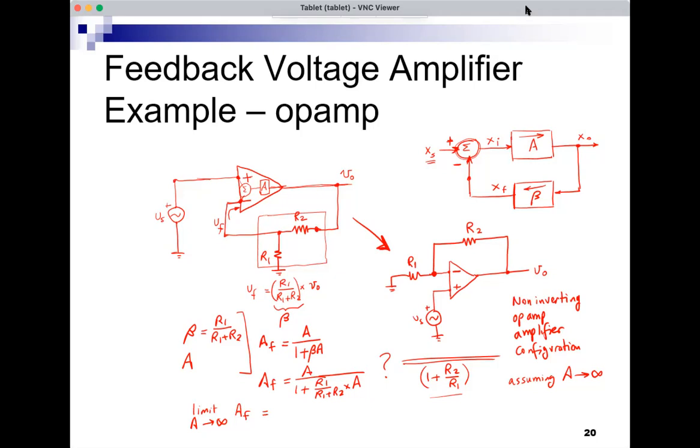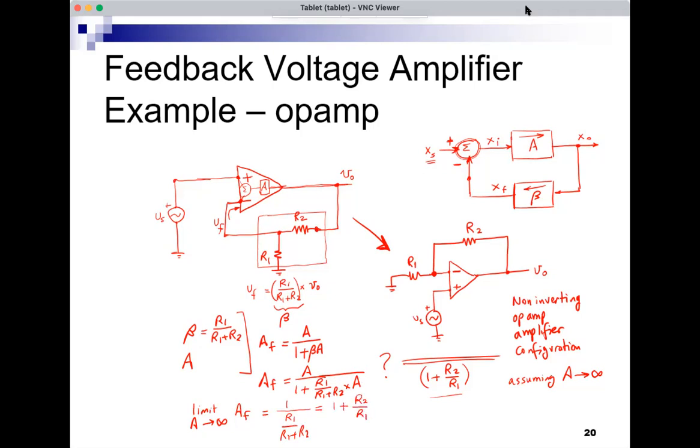I get A over R1 divided by R1 plus R2 times A. So I get 1 over R1 over R1 plus R2. And this is therefore 1 plus R2 over R1.